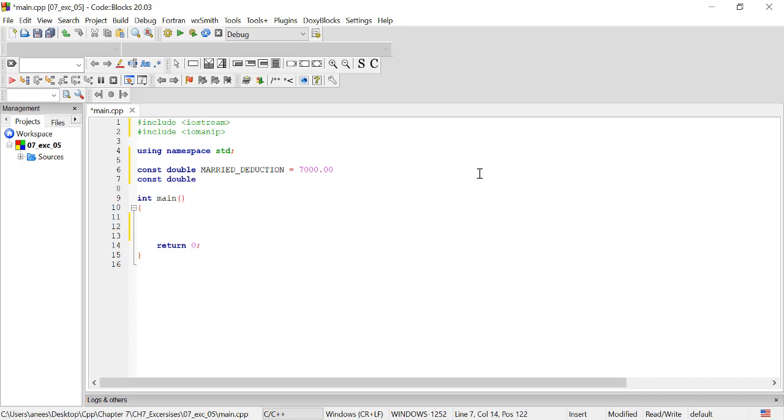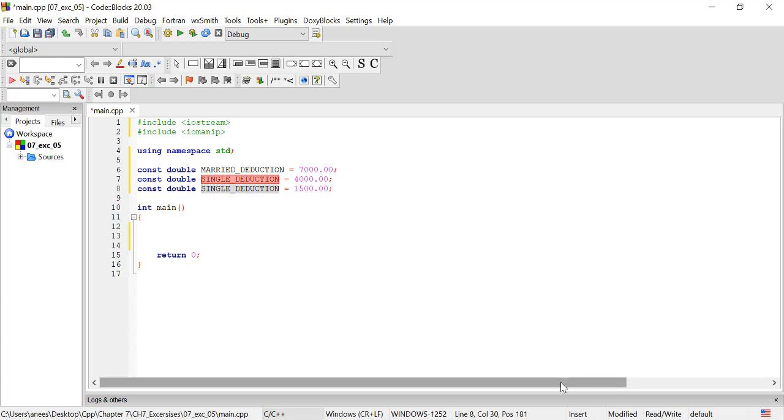Constant double single deduction is 4,000. And now this will be 1,500, and this right here will be the personal exemption.